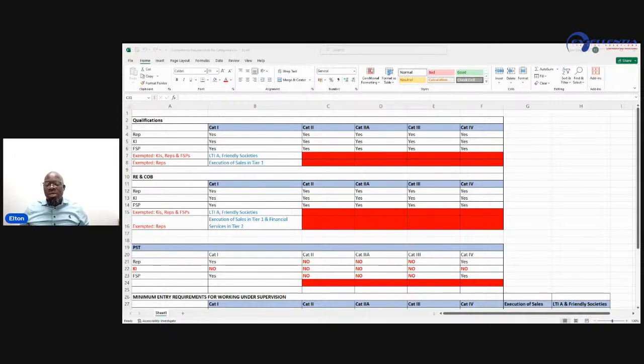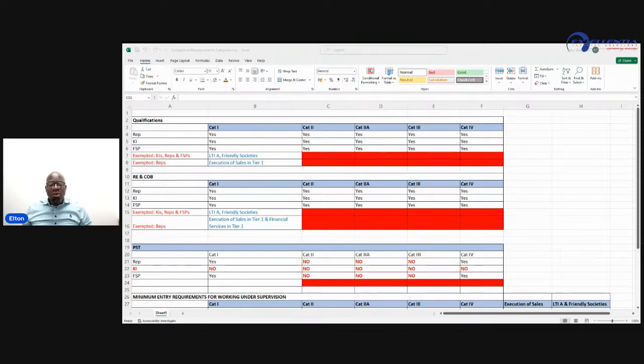So if I ask you a silly question and say, which categories have an exemption for qualifications? Maybe you should not be able to say Cat 2 or 2A, 3, or 4, because as you can see here, we've made everything red, because there is no exemption for people in Cat 2, 2A, 3, or 4 for qualifications.